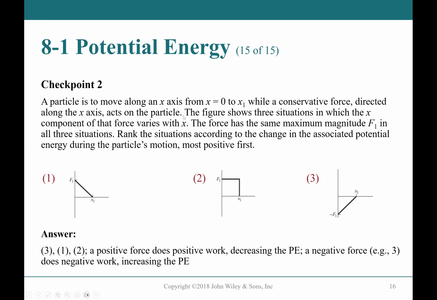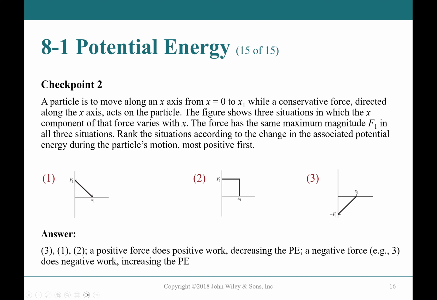The figure shows 3 situations in which the x component of the force varies with x. Here you have the force. The force has the same maximal magnitude F1 in all 3 situations. So maximal F1 is here, okay?